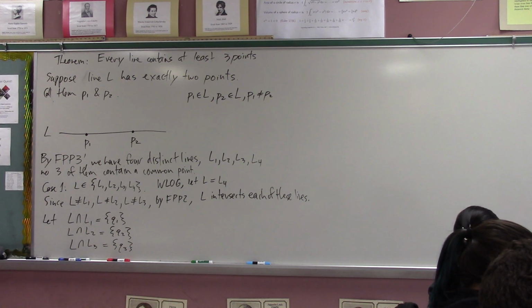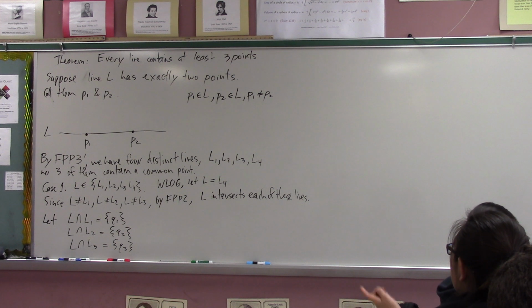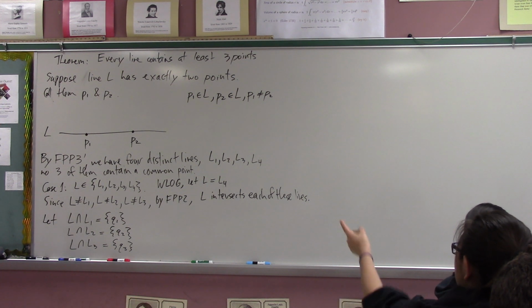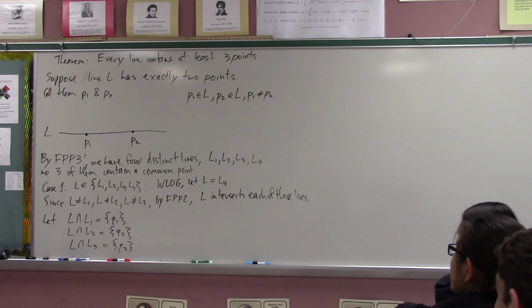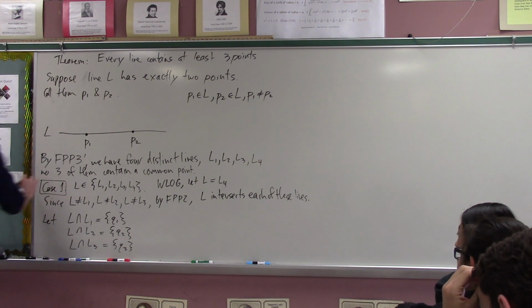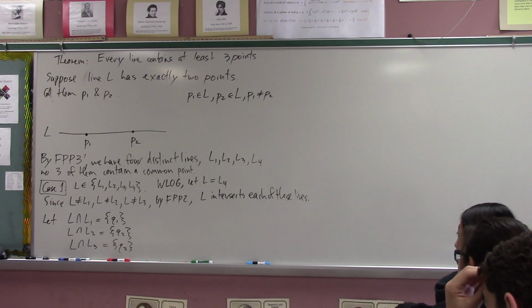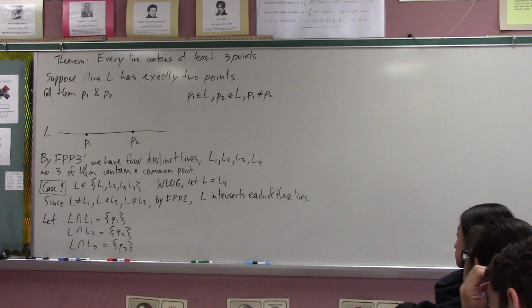Alright, well, does anyone see a problem? My line L. I have only 2 points on L. But I have these core four lines, no three of which contain a common point. And right now I'm in the case in which L is one of those core four, that it's L4 without loss of generality. But then I know that L must meet L1, L2, and L3. Well, what are the possibilities?